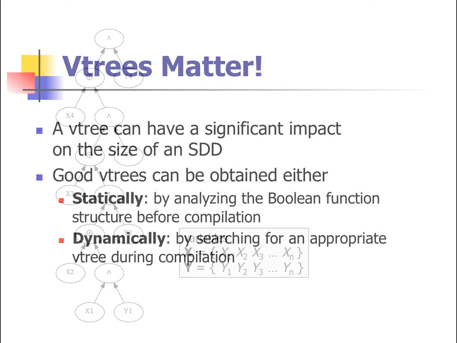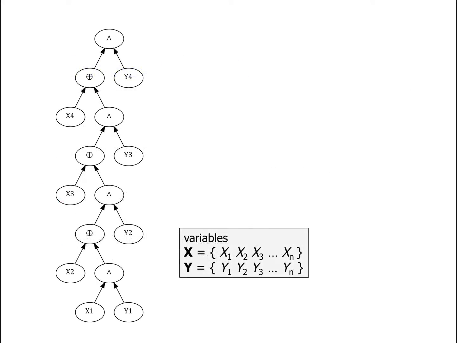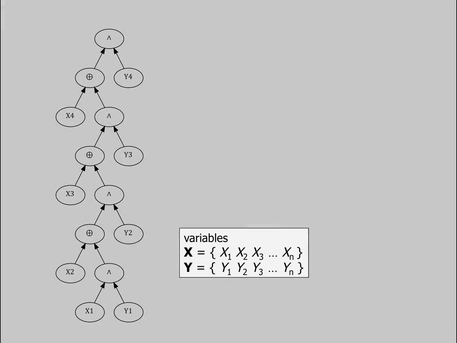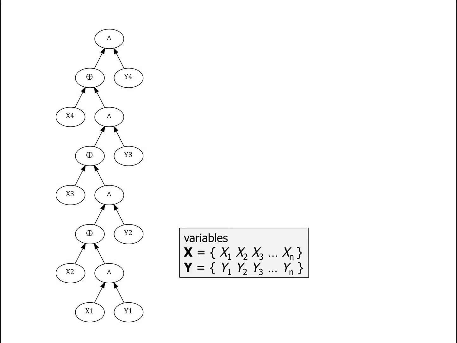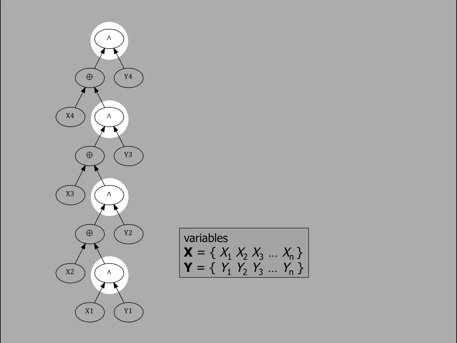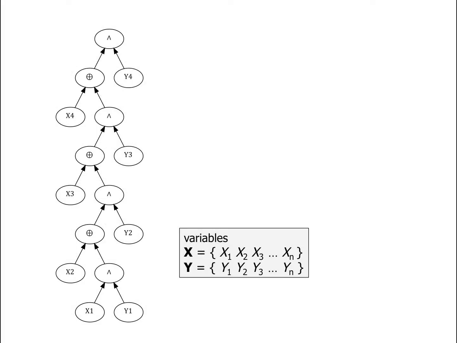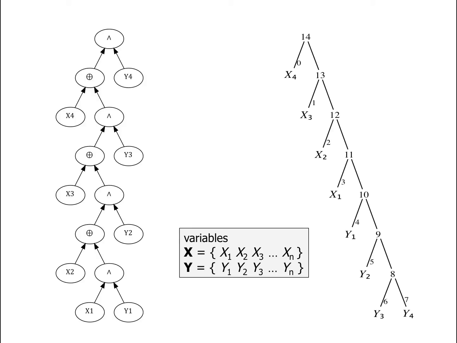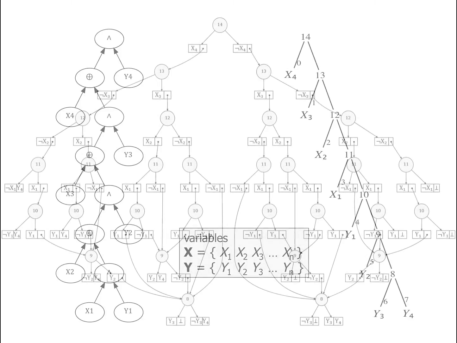All right, so just to give an example of how important the Vtree is, let's look at this particular Boolean circuit, which represents a Boolean function. We have two sets of variables here, x1, x2, x3, and y1, y2, y3. And the circuit itself has two kinds of gates, AND gates and exclusive OR gates. So if we want to compile this Boolean circuit into an SDD using this particular Vtree here, then we get an SDD that looks like this.